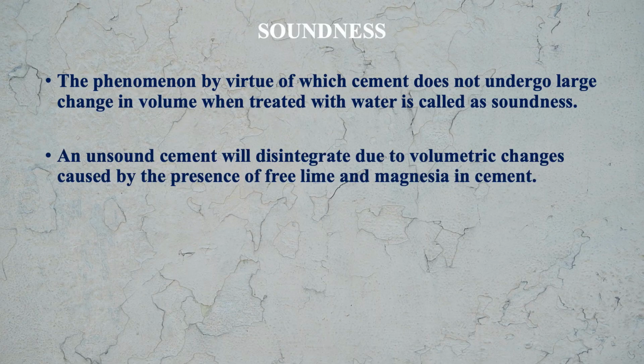An unsound cement will disintegrate due to volumetric changes caused by the presence of free lime and magnesia in cement. These two compounds, lime and magnesia, are responsible for causing unsoundness of cement.